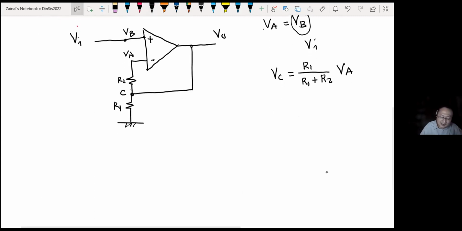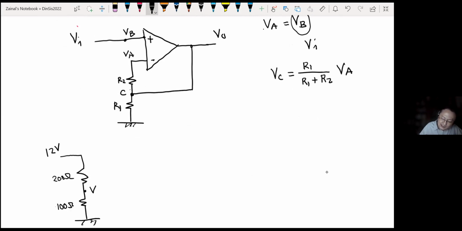itu ya, kalau Anda punya tahanan begini, so if you have two resistances, this one is 12 volt, say this one is 200 ohm, while this one is 100 ohm, then VC is 100 divided by 100 plus 200 multiplied by 12 volt.